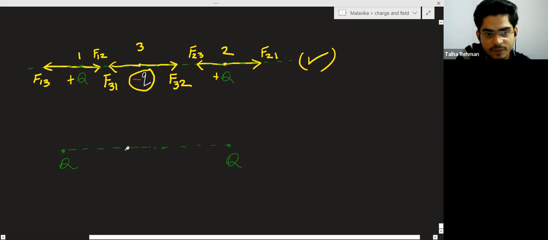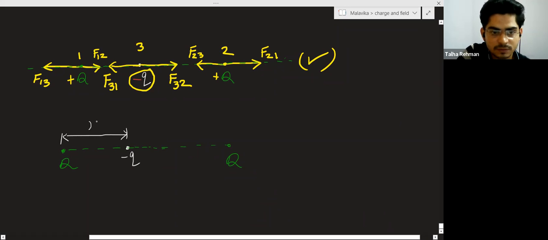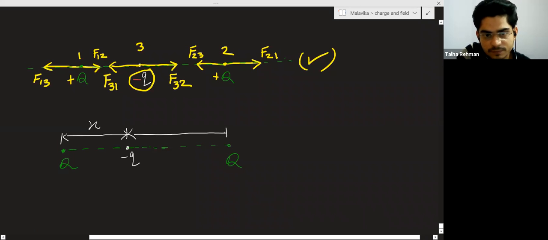Suppose I am putting the minus Q charge here at a distance of x from this. So this distance will become r minus x.